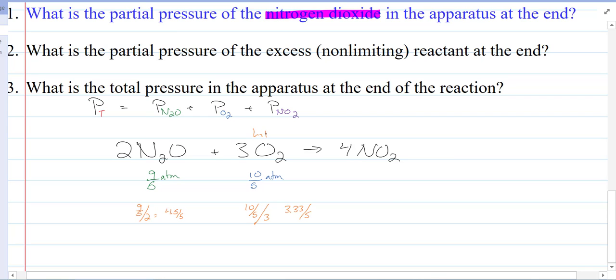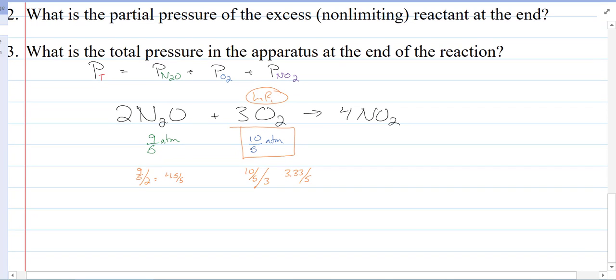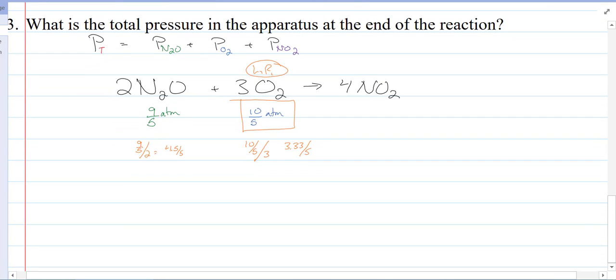That means oxygen is going to be my limiting reactant. It's smaller. I'll start all my calculations with 10 fifths or 2 atmospheres. So you don't have to use fractions. I just do because it's calculator free. So we start with 10 fifths atmosphere of O2.